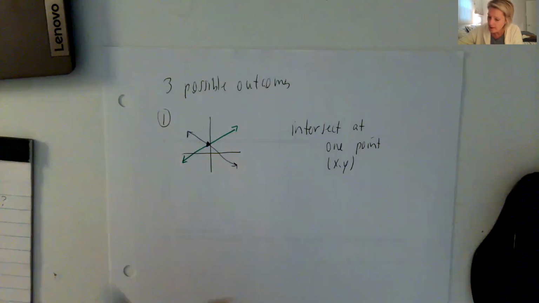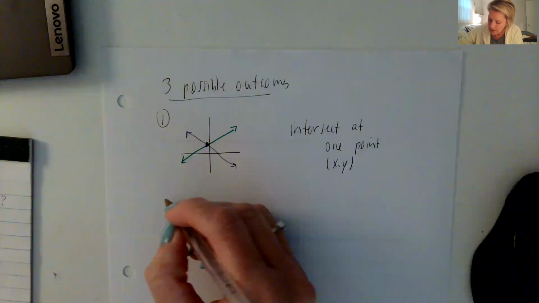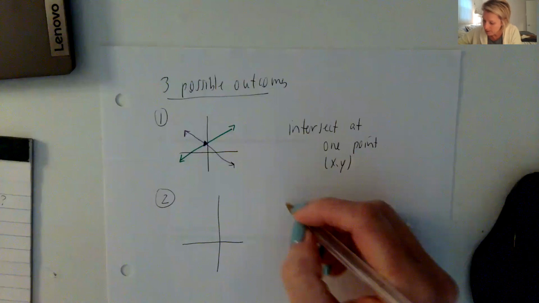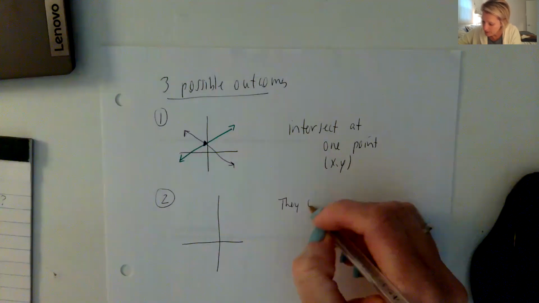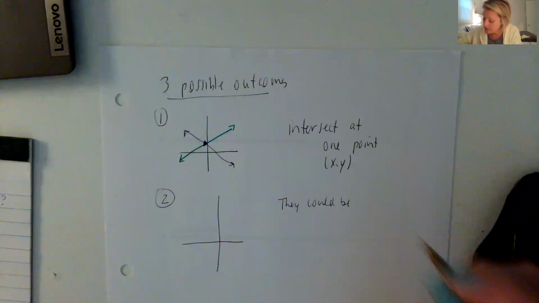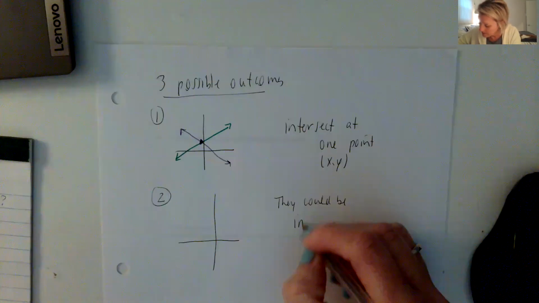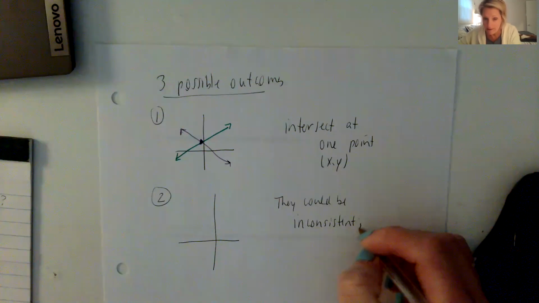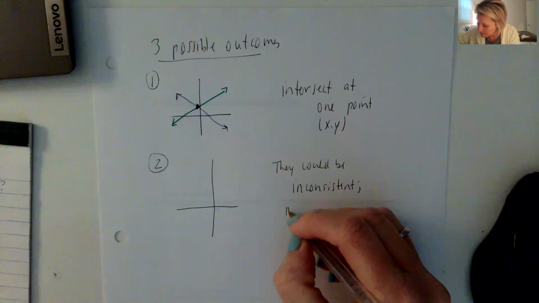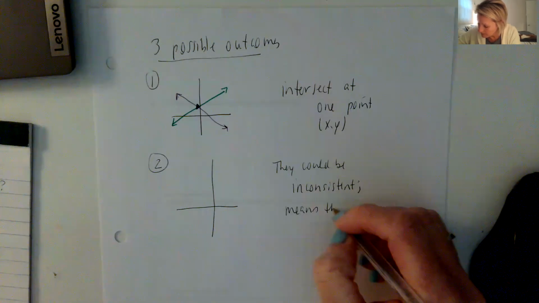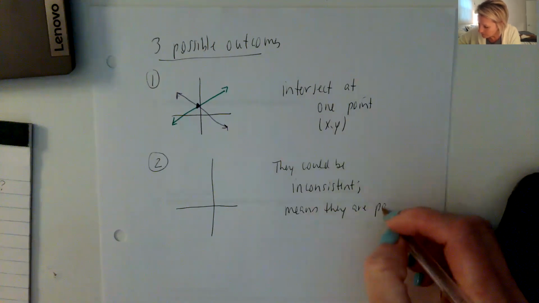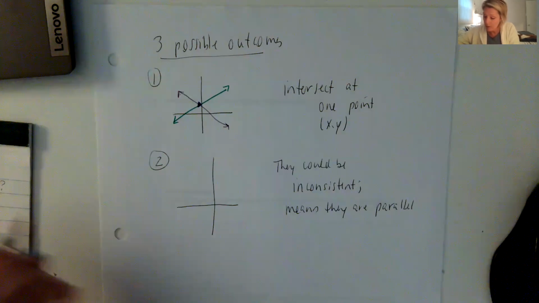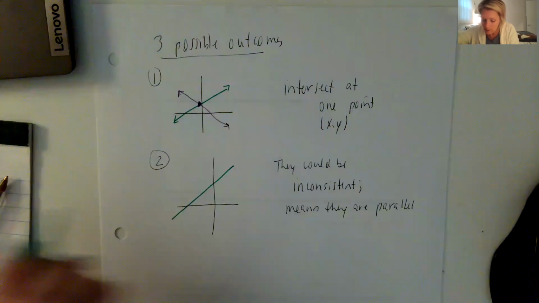The second outcome is that they could be called inconsistent. Inconsistent means they are parallel lines. When they're parallel, that means they don't touch at all.